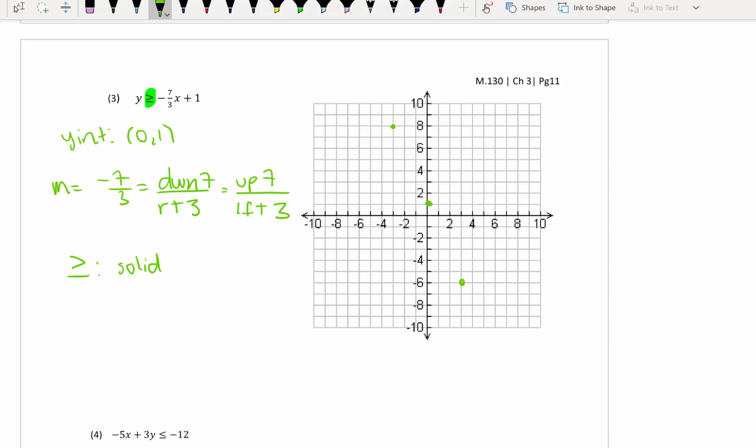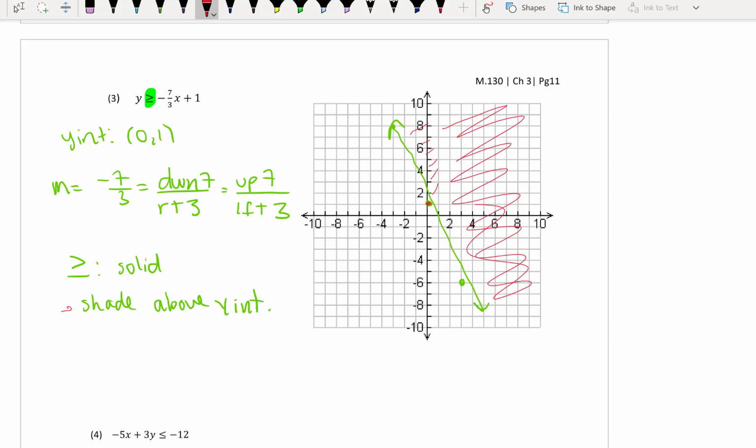And since it's greater than or equal to, then I'm going to shade above the y-intercept. So here's my solid line, and here's the y-intercept, so everything above it would be this way. So this is me shading.